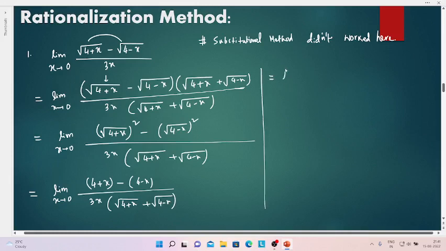So it will become limit x tending to 0. If I remove that bracket, it will become 4 plus x minus 4 plus x, and the denominator will be 3 times x times root under 4 plus x plus root under 4 minus x.